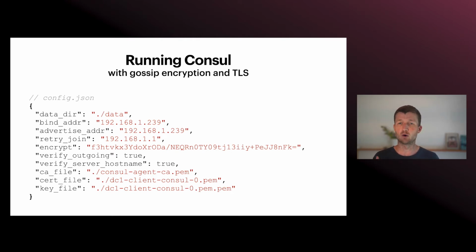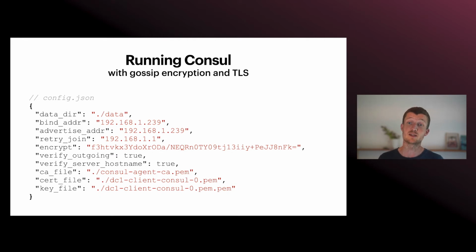And how it's done is we are providing a CA, a client certificate, and a client private key file. So that a client can use the CA file, the cert file and the key file to communicate securely with the Consul server.